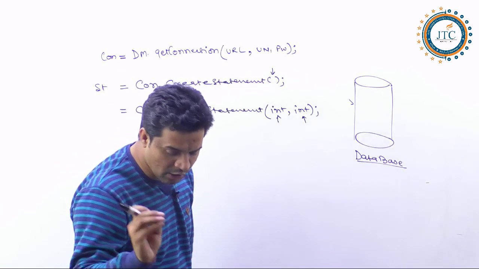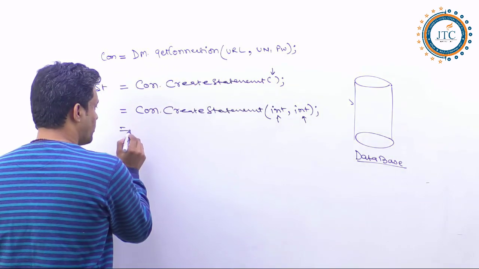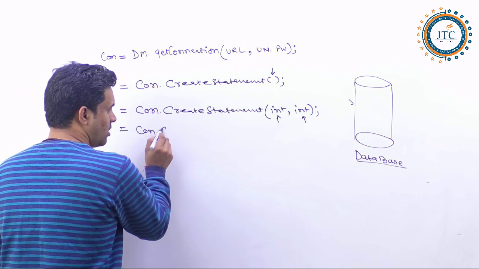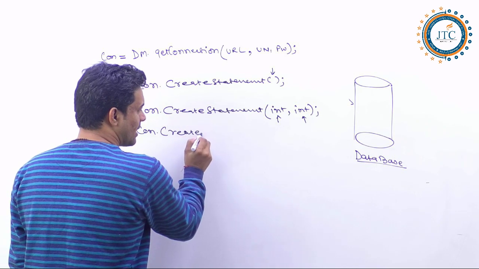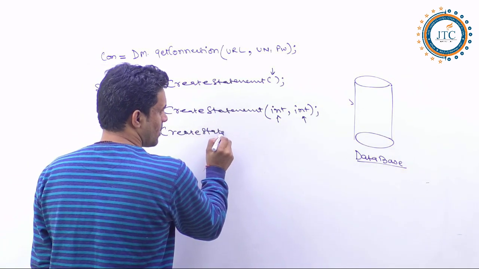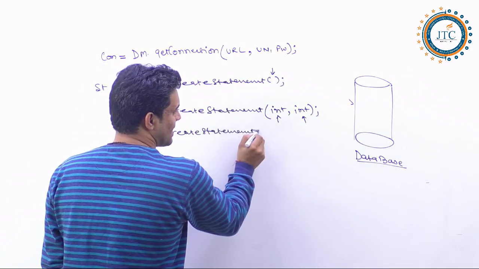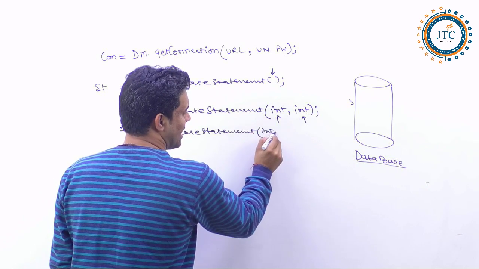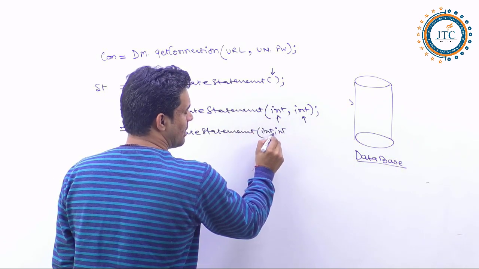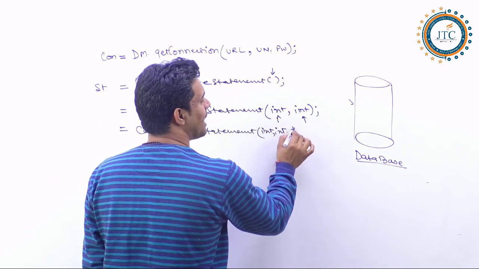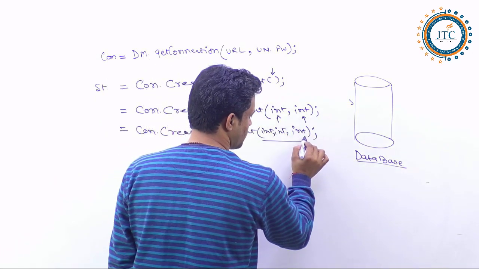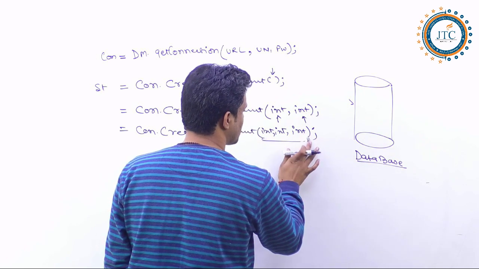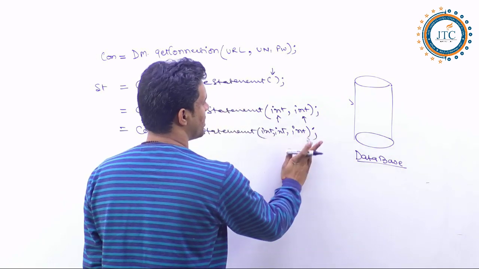Fine. Now, one more method: con dot create statement, inside this int, int, and again int I can write here. So three parameters I have passed here.